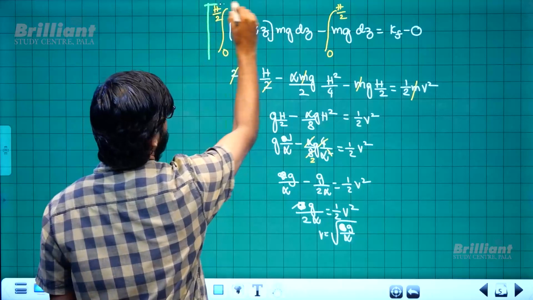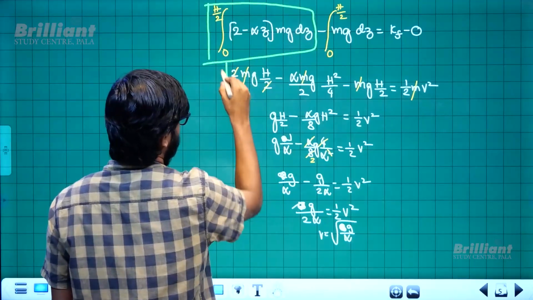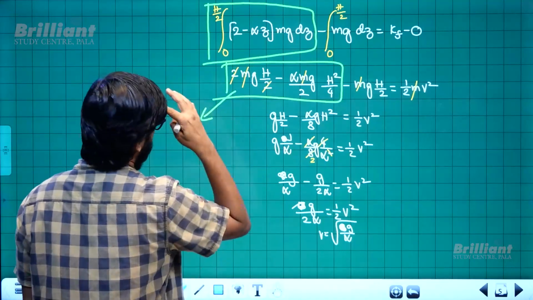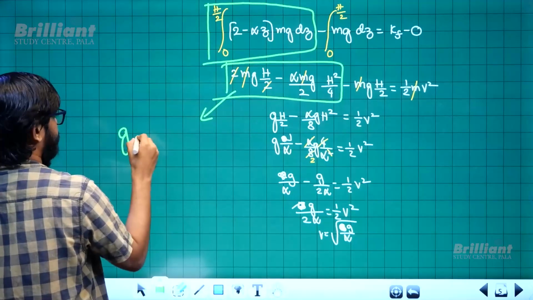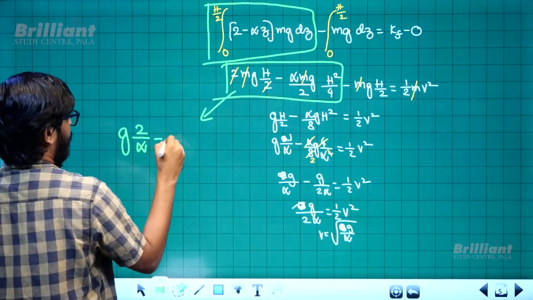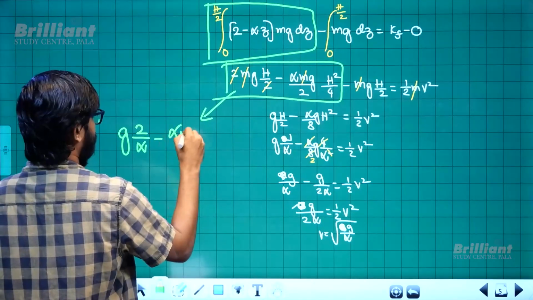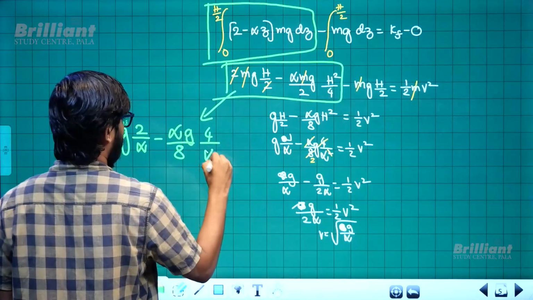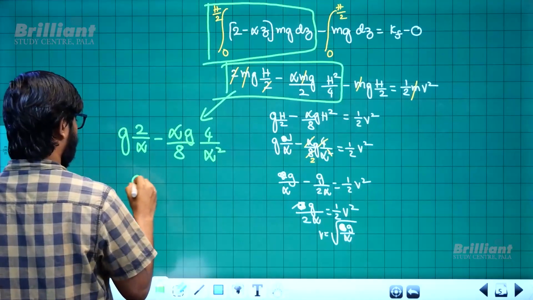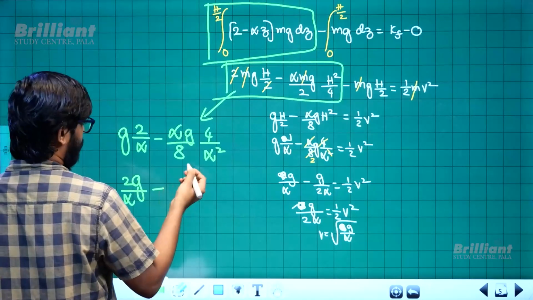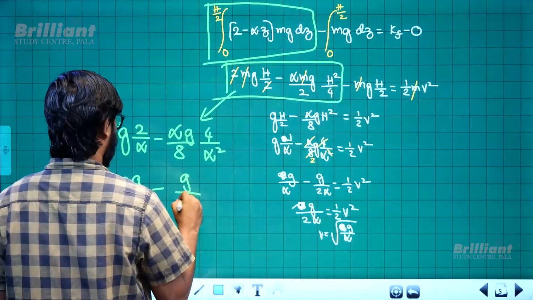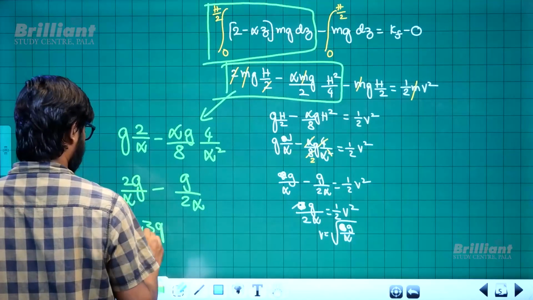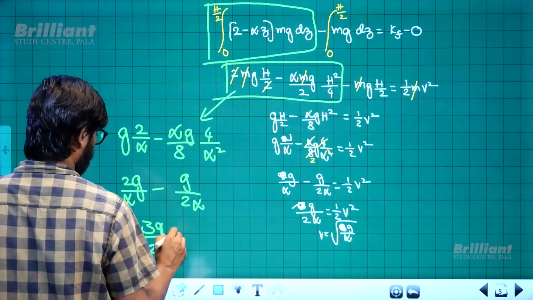That is this much. So that is this much, which is, let me see what is this. This is gh minus g into h, h is 2 by alpha, minus alpha g by 8 into h square is 4 by alpha square. So you will be getting 2g by alpha minus g by 2 alpha, that equals to 3g by 2 alpha.